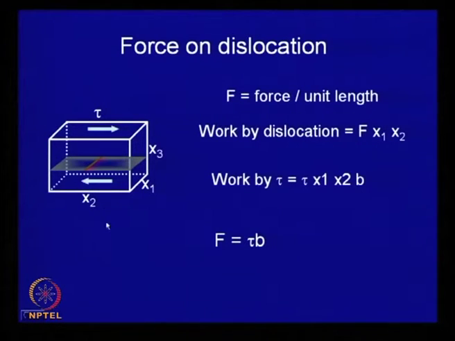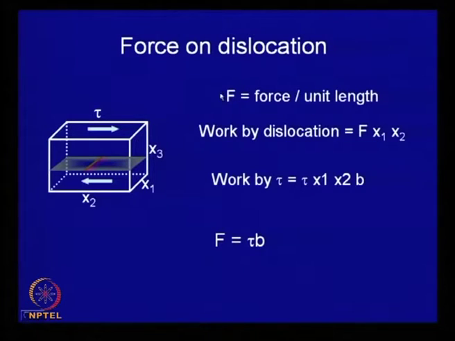Here is a crystal, we have applied shear stress tau here, and this is a slip plane on which you have a dislocation. This red line represents the dislocation. Let us say the force per unit length of the dislocation acting on the dislocation is F.